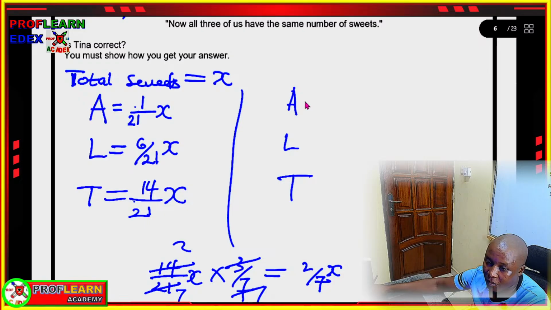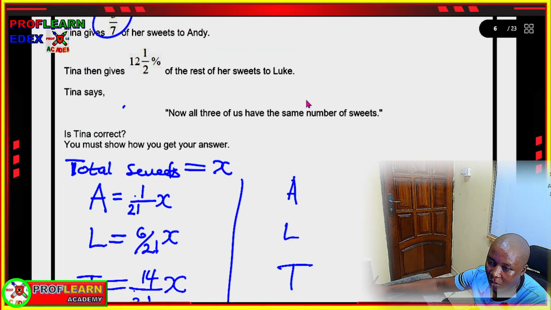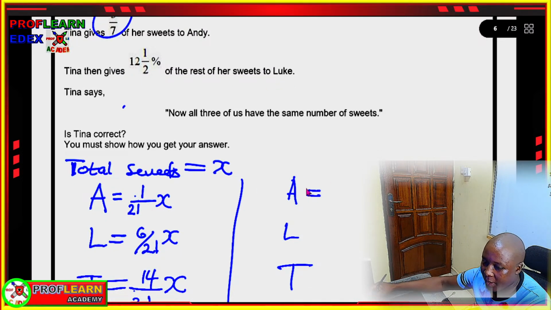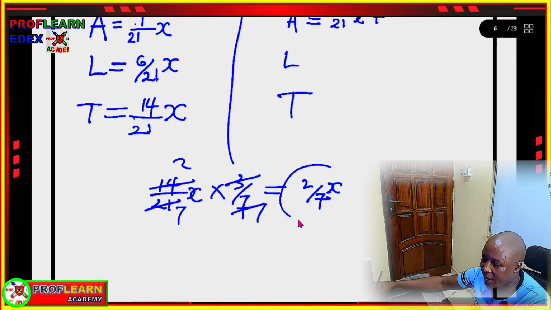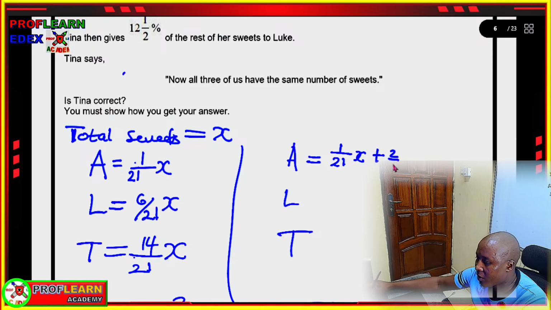So Tina gives her sweets to Andy, and then Tina gives the rest of her sweets to Luke. Andy already had 1 over 21 of x. If we add the sweets that Tina gave out, that will be 2 over 7 of x.